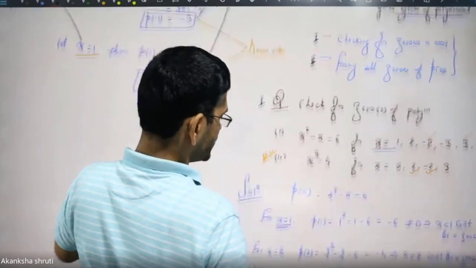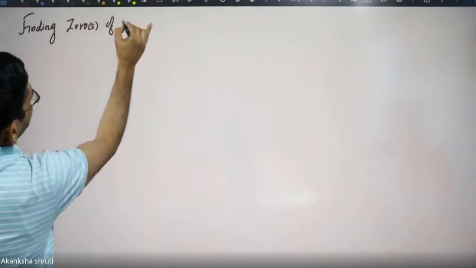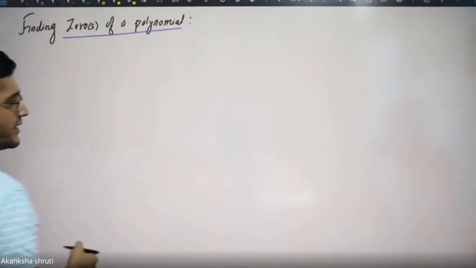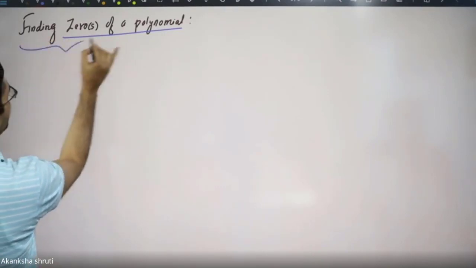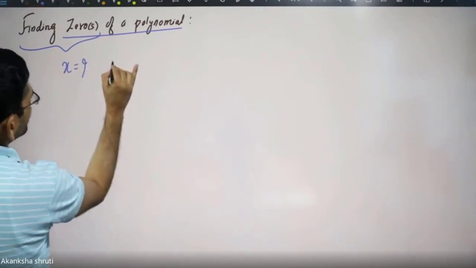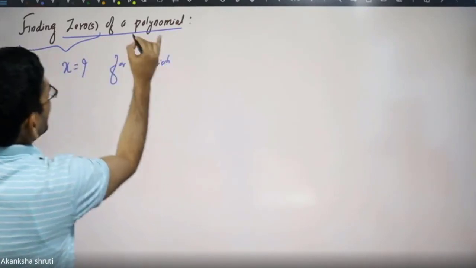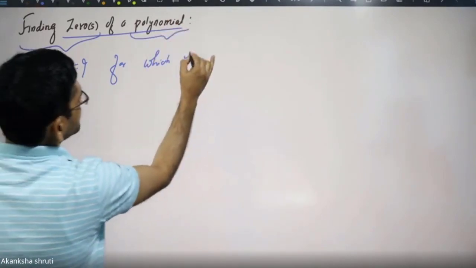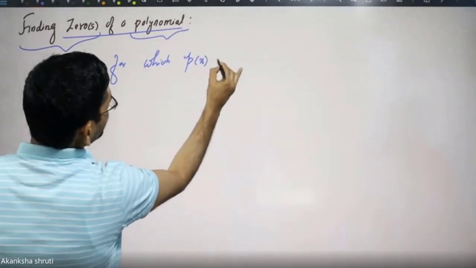Now, finding the zeros of a polynomial: we will calculate the x for which the given polynomial P(x) becomes 0.